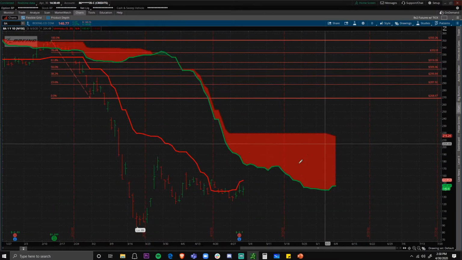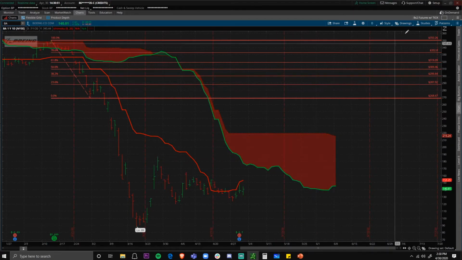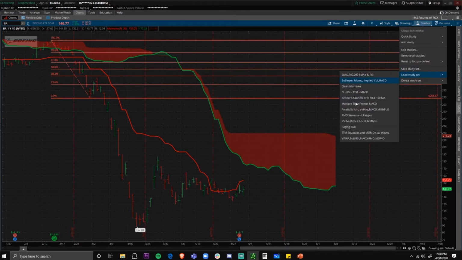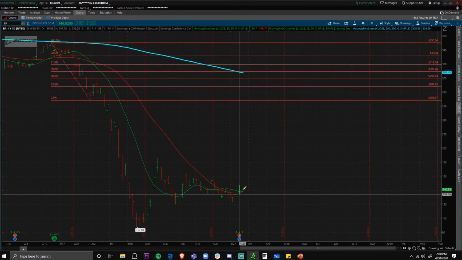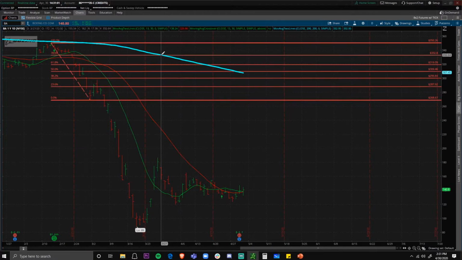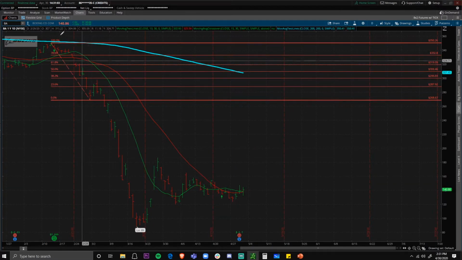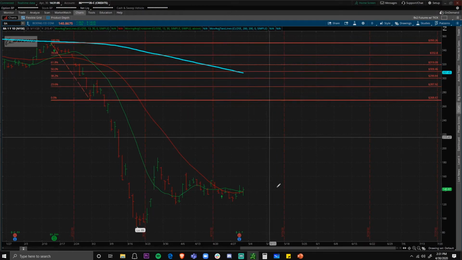Okay, it looked like it might go through the roof right here. If I go to load study and go to Raging Bull, which is an insider that Raging Bull guys do. It's not confirmed whether or not this is the exact setup, but from reading and studying what they do, it's very simple. They do use moving averages and the crossovers of.